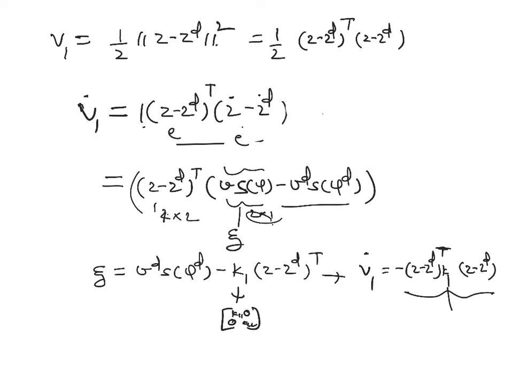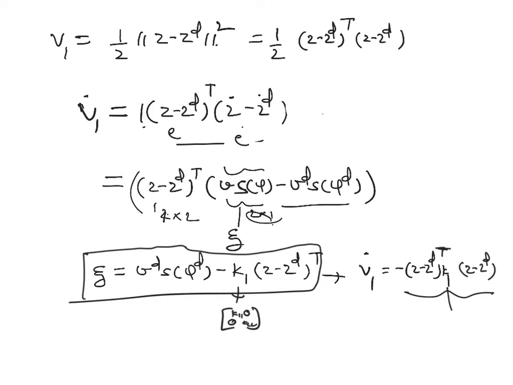So that's good. Instead of one gain, it's a gain matrix, so you can choose k11, k22, both the same or whatever you want.